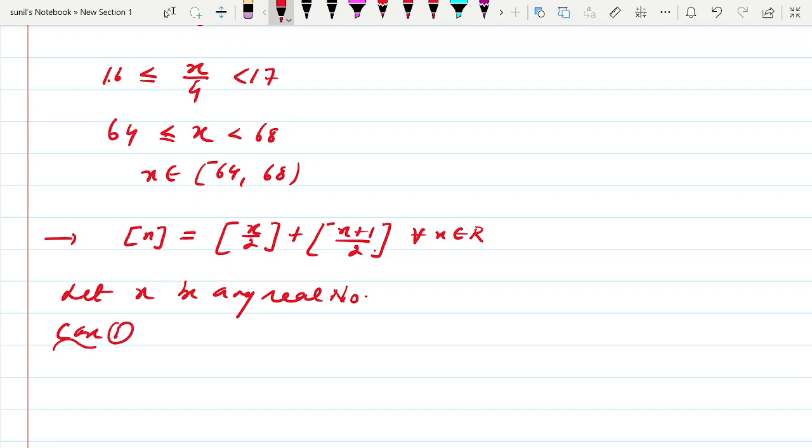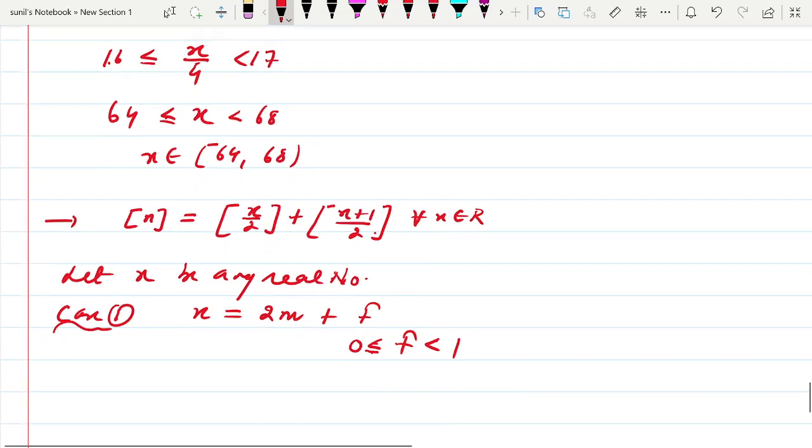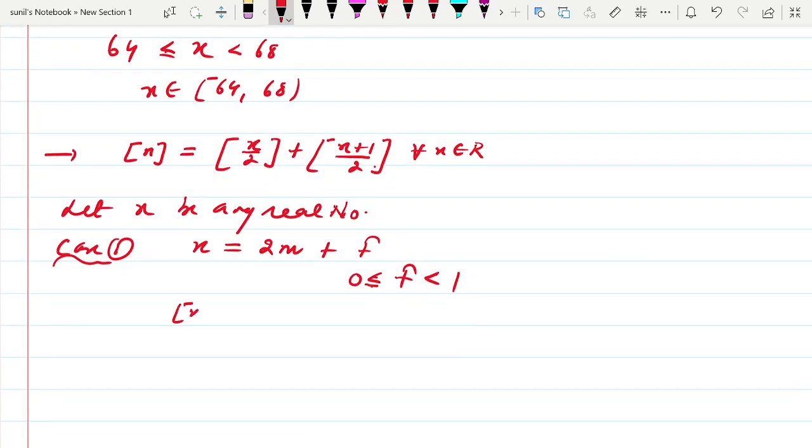I'm taking case by case. Case 1: can I write x as some even integer 2m plus f, where f is a fractional part? This fractional part lies between 0 and 1. Now what is bracket x in this case? That is 2m. Now bracket x by 2, let's simplify.